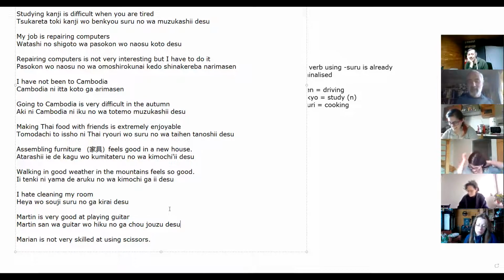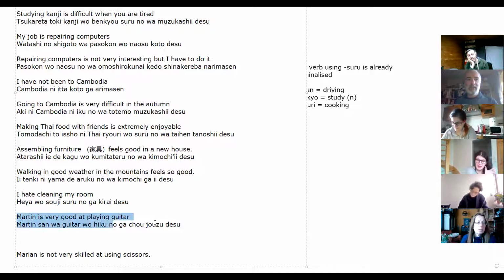I find this particular sentence example really useful, that we should use nominalization for this. Before learning this lesson, saying something like Tanaka sensei is very good at doing taikai, it was like, how the hell do you say this? Tanaka sensei no taikai no shikata wa jouzu desu. It's not his method of doing taikai. Tanaka sensei wa taikai ni jouzu desu.